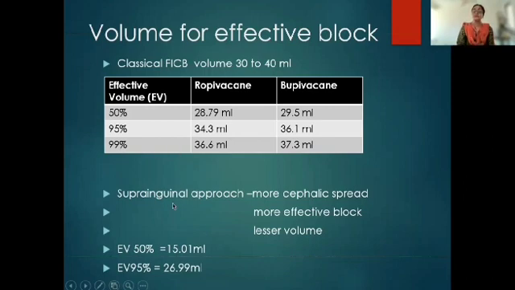And in the suprainguinal approach, that is when you enter the fascia iliaca compartment above the inguinal ligament, they have seen more cephalic spread and a more effective block with lesser volume. The minimal volume to get a 50% effective block was around 15 ml, and to get a 95% block, the volume was around 27 ml.